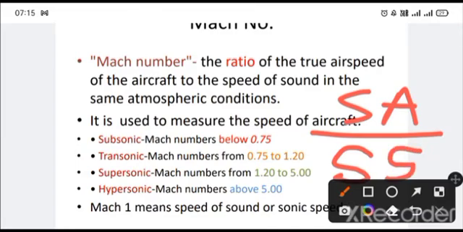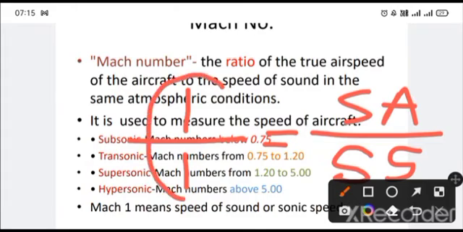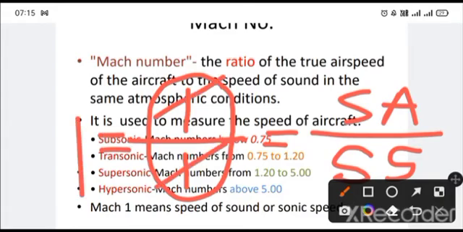From this ratio you can see that if the sonic speed is considered as 1 Mach, and the aircraft travels with the same velocity as the sonic speed, Mach 1, then the ratio of the aircraft speed to the sonic velocity will become 1. 1 and 1 will cancel, so there will be only 1 left, right?